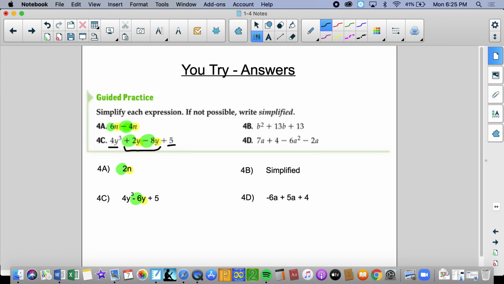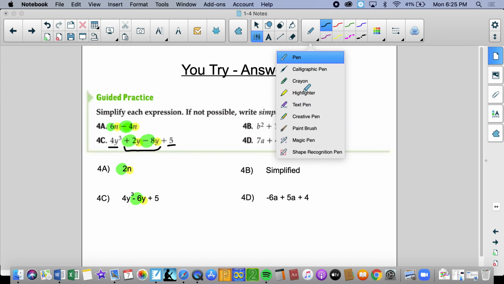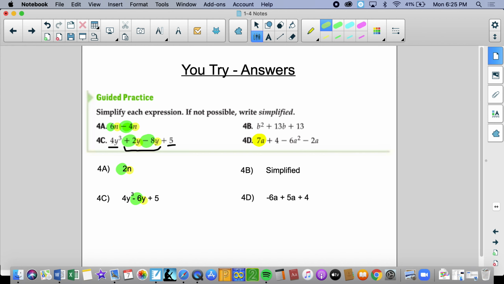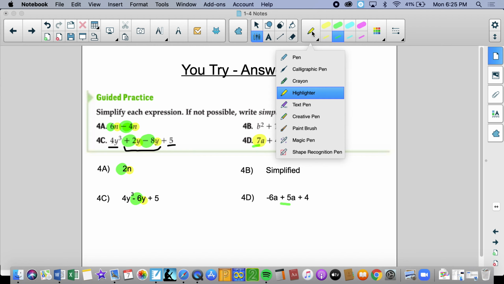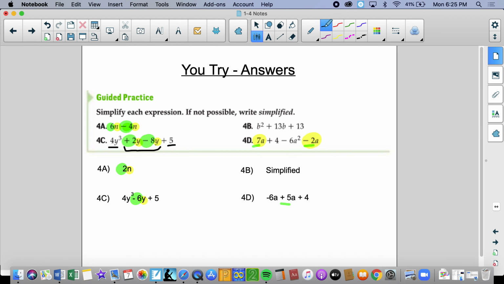And then the last one, let's look. We've got like terms. We've got a to the first there, 7a, and negative 2a. They have the same variable to the same power, so you're going to combine their coefficients. You have 7 and negative 2, which makes positive 5. And you bring down that variable. Now, oh, Mr. Mac made another boo-boo.